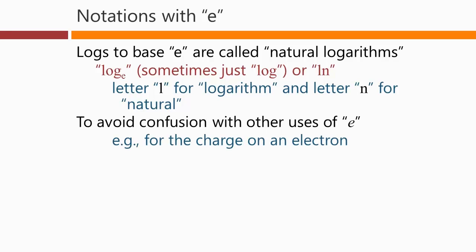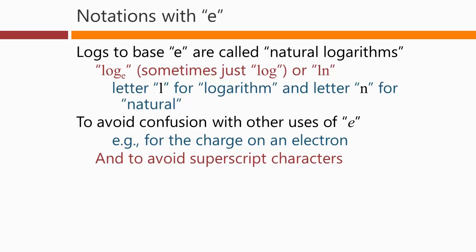Now, this number e, of course, is a mathematical number, but the letter e in physics is often used to represent the charge on an electron, and we don't want to get confused. Also, since we will very often be taking exponents of the number e, we want to avoid having superscript characters all over the place.